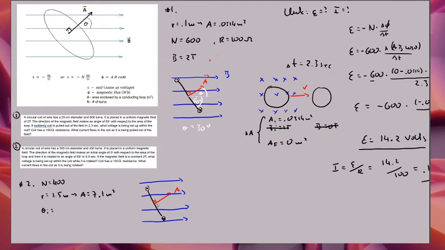And what the problem is giving me is the angle here, and that angle is 0 at first. I probably should have drawn it a little differently.